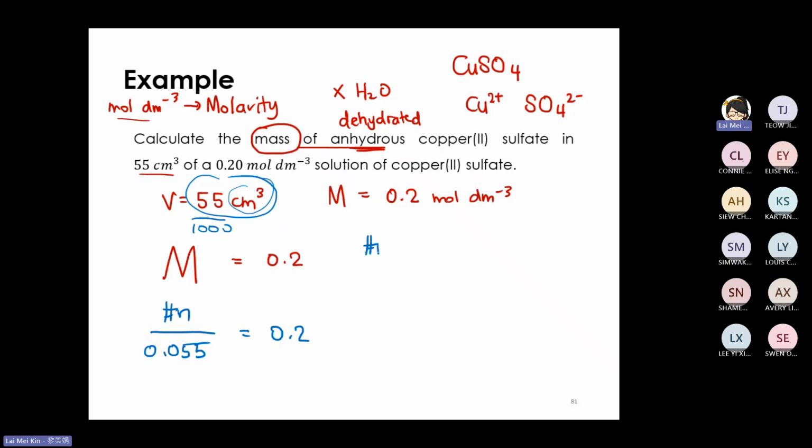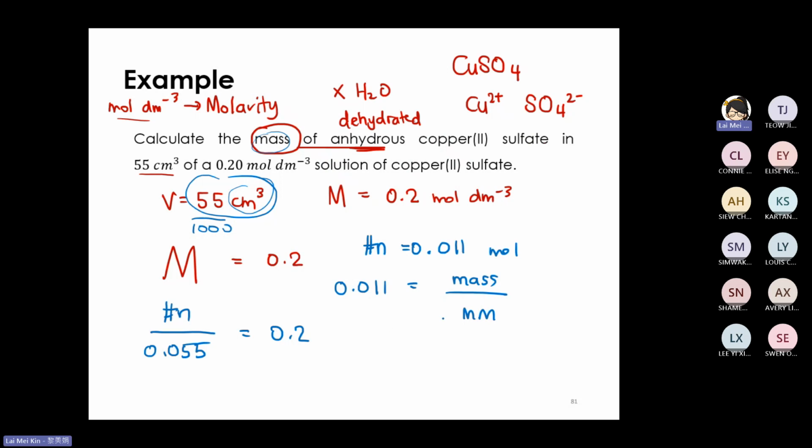What's the number of mole that you get? 0.011 mole. And then from number of mole, you want to find the mass. Number of mole is your mass over molar mass, so you have 0.011.